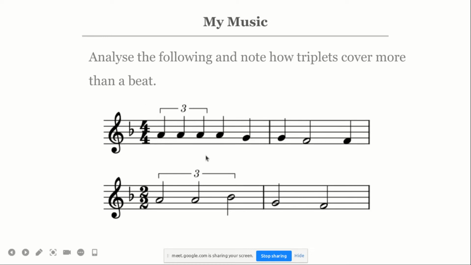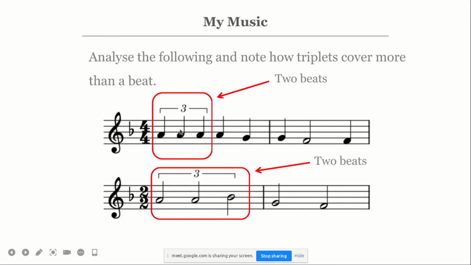So let us analyze these 2 staves. We have 4-4, and you can see these 3 crotchets that are equal to 2 because of the triplet. That makes 2 crotchets, and then the 3rd crotchet and the 4th crotchet.